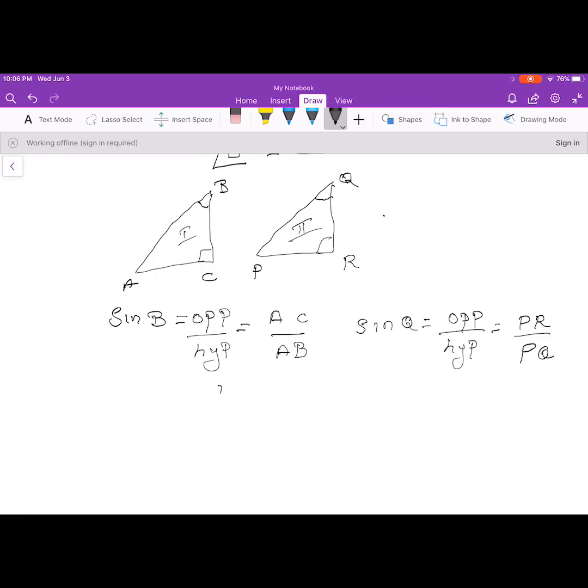And it is given sine B is equal to sine Q. So I can write sine B is AC by AB, and similarly sine Q is PR by PQ.